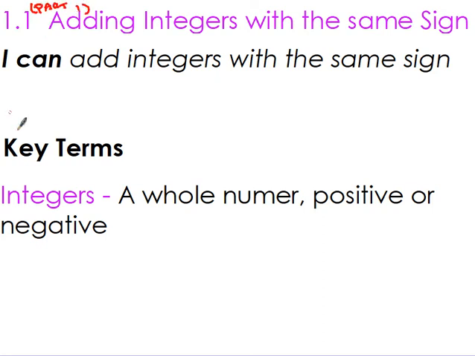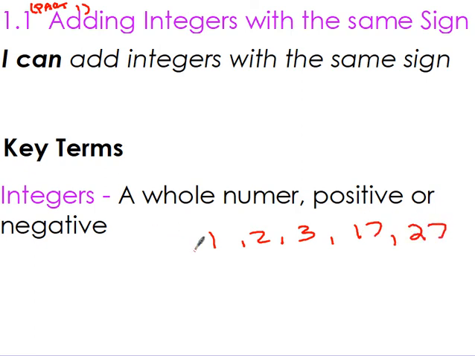So what we're going to do is add integers with the same sign, and one of our key vocabulary terms here is integers. An integer is a whole number, and it's positive or negative. Integers are like our counting numbers: 1, 2, 3, 17, 27.